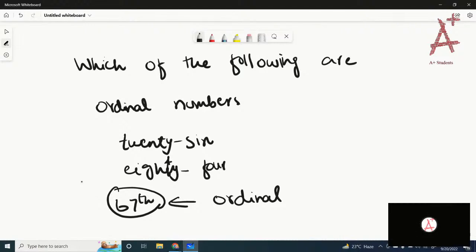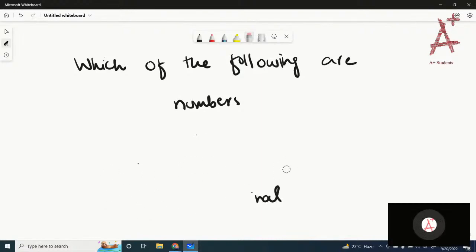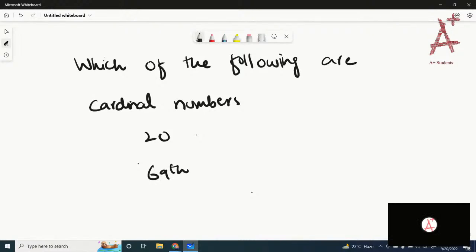Okay, the next one is: which of the following are cardinal numbers? Now we have to see which of them are cardinal numbers. The options are 20, 69th and 59th.